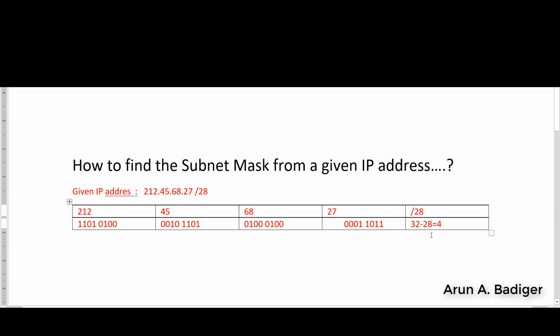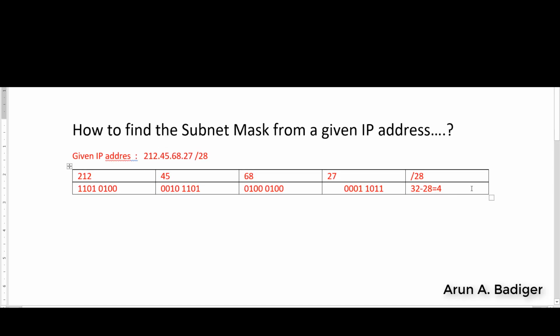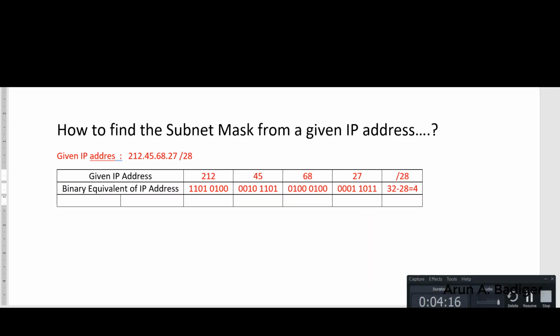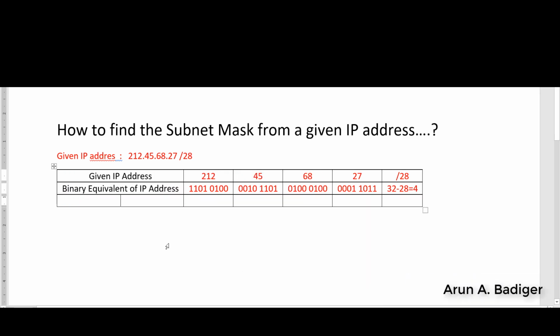So this /28, that is the CIDR number, indicates that 28 bits belong to the network address, whereas only 4 bits belong to the host address, as we explained previously. Now the same thing, if I want to add a subnet here, then the subnet mask.